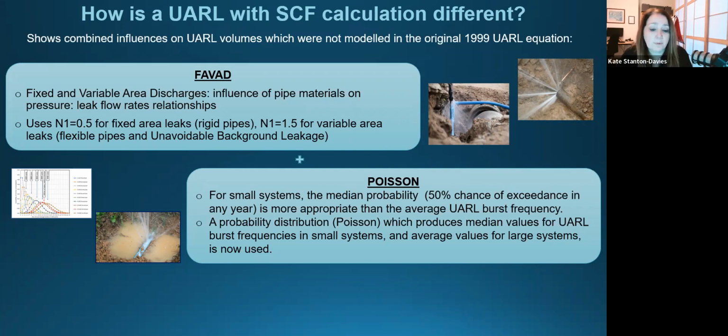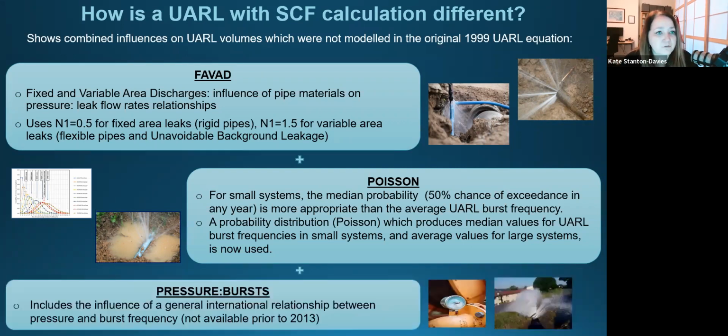And this probability distribution is very appropriate for use for small systems because it uses the median values of burst frequencies for small systems, but as the system size gets larger, then the probability distribution changes to model a normal distribution using average UARL burst frequencies.